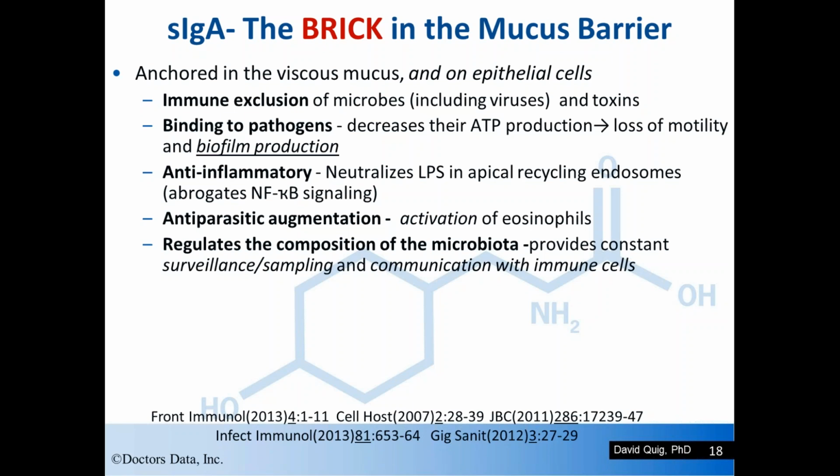The binding of secretory IgA to pathogens alters their membrane potential, which decreases their ability to make ATP, which causes them to have a loss of mobility or motility, and very importantly, impairs their ability to produce the important protective biofilm. Remember, all bacteria and yeast produce the protective biofilm.